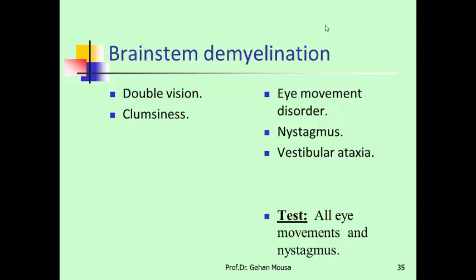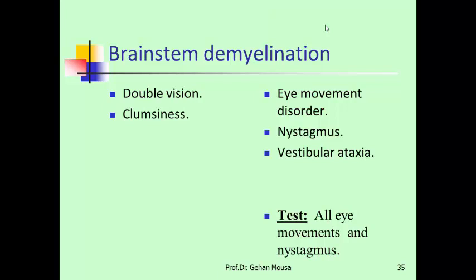As we know well, the cranial nerves are distributed along the brainstem from cranial nerve number 3 to 12. One of these symptoms may occur as a result of the affection.